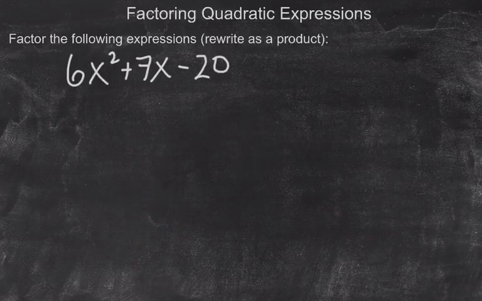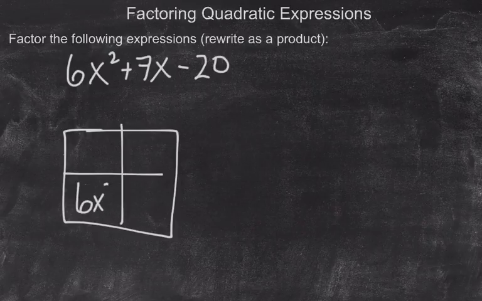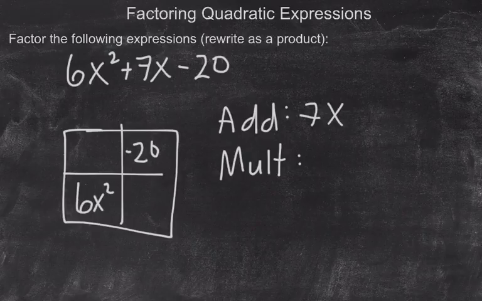Got one more example for you. 6x squared plus 7x minus 20. So I'm adding to 7x, multiplying to 6x squared times negative 20, which is negative 120x squared.